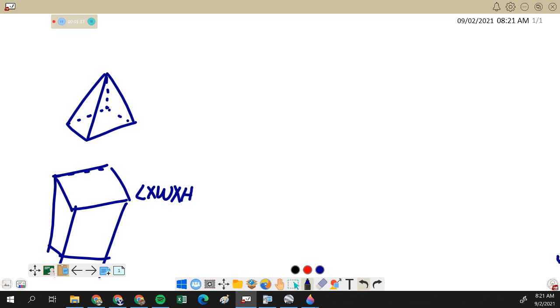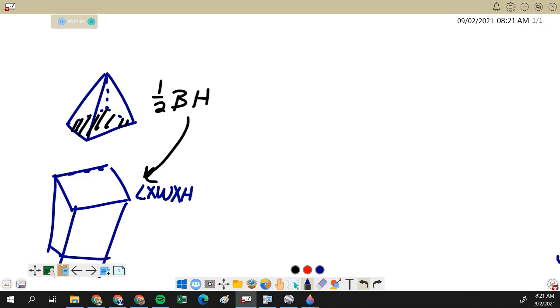So if the base and the height are the same, so if I could pick up the pyramid and set it inside there, it turns out that the volume of the prism is exactly 3 times bigger than the volume of the pyramid. So if you find the area of the base and you times it by the height, you're going to get this volume.